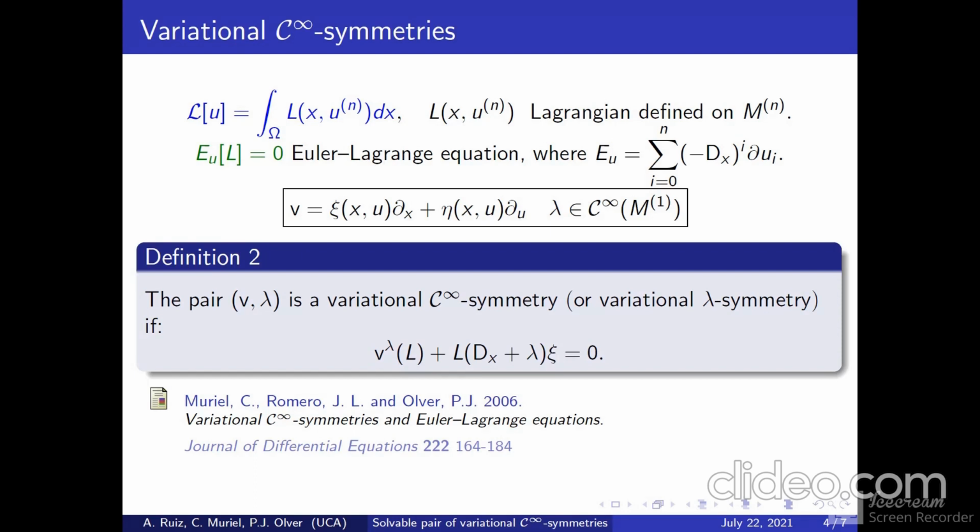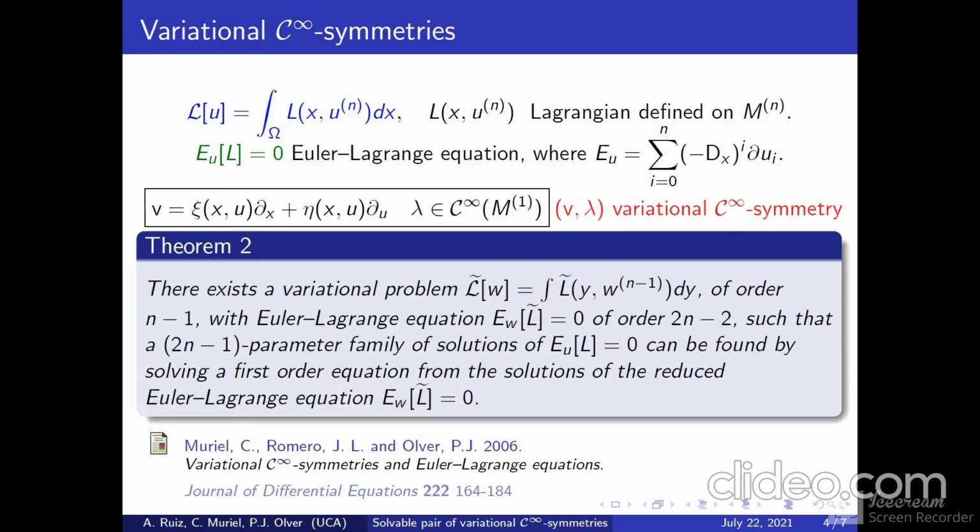The importance of variational C-infinity symmetries lies in the possibility of reducing the order of the Euler-Lagrange equation, as stated in this theorem. If we have a variational problem of order n admitting a variational C-infinity symmetry, then we are able to reduce the order of the Euler-Lagrange equation by 2. But in this case, we lose a one-parameter family of solutions in the reconstruction process.